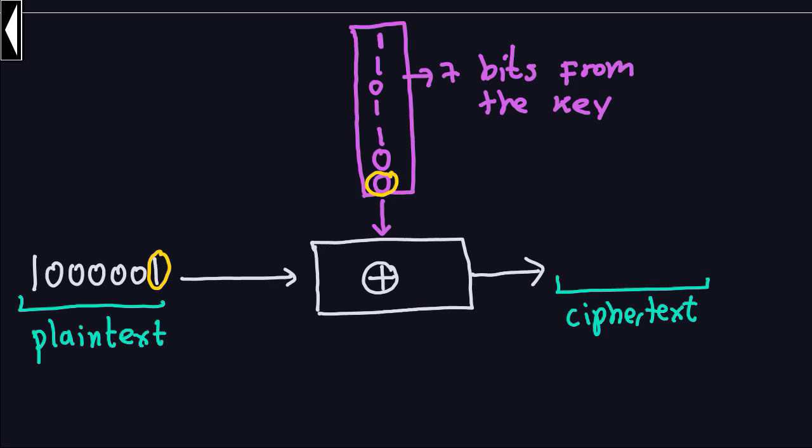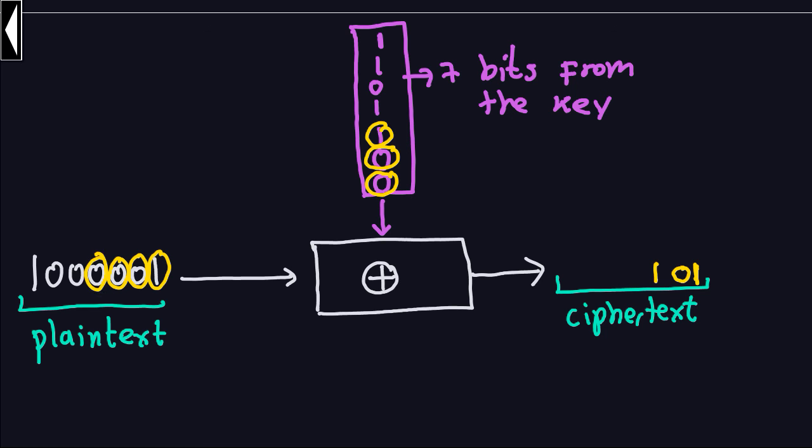So it's 1 and 0, that's a 1. Then go to the next one: 0 and 0, that's a 0. Then 0 and 1 by XOR is a 1. And then you have 0.